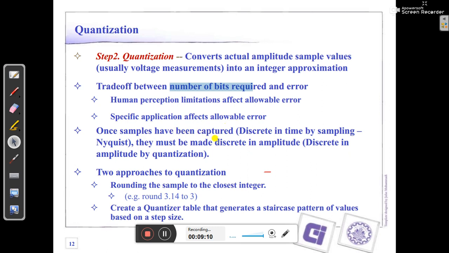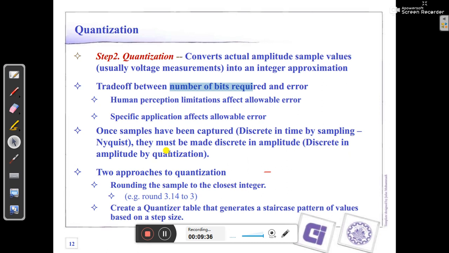Once samples have been captured discrete in time by sampling, Nyquist, they must be made discrete in amplitude by quantization. So after getting the sample size, you need to measure the amplitude, which needs to be quantized.